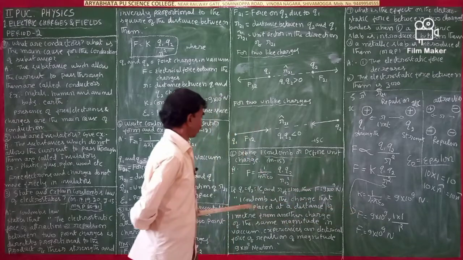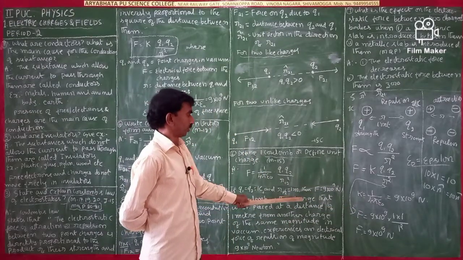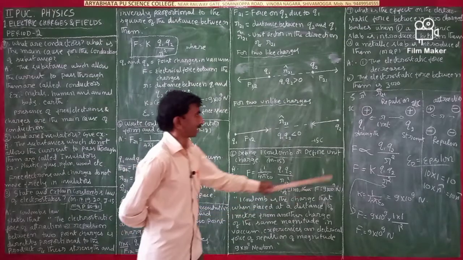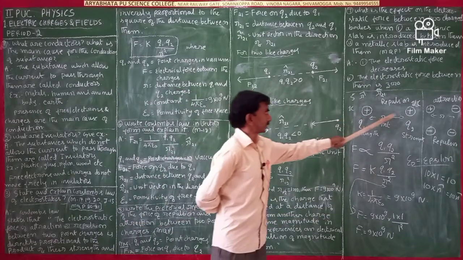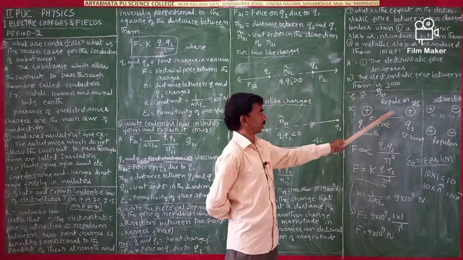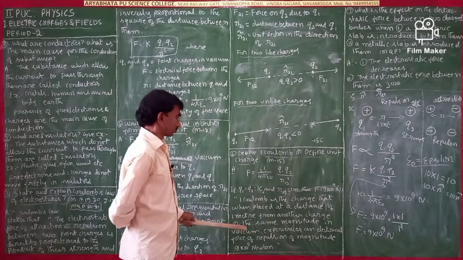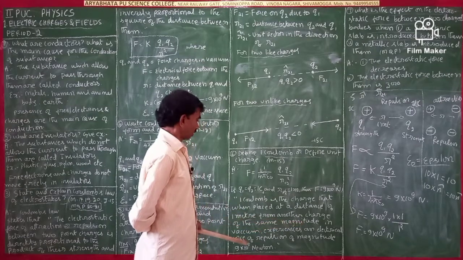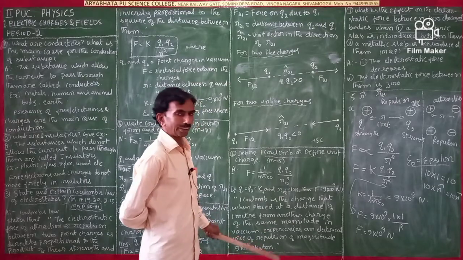So what is 1 Coulomb? 1 Coulomb is the charge that, when placed at a distance of 1 meter from another charge of the same magnitude, this is a plus charge, this is 1 Coulomb, the same magnitude, in vacuum experiences an electrical force of repulsion of magnitude 9 into 10 to the power of 9 Newton.